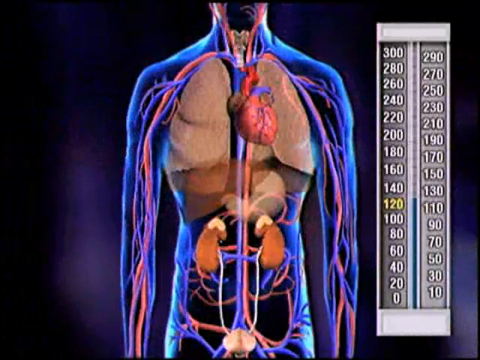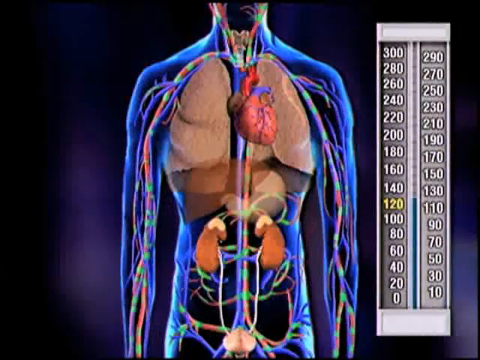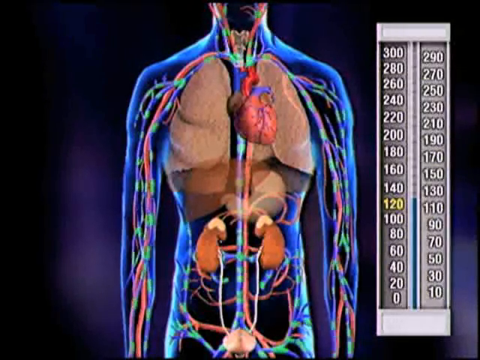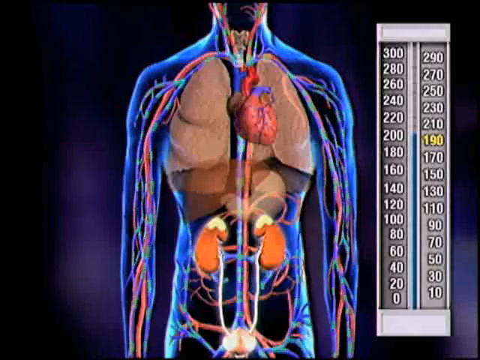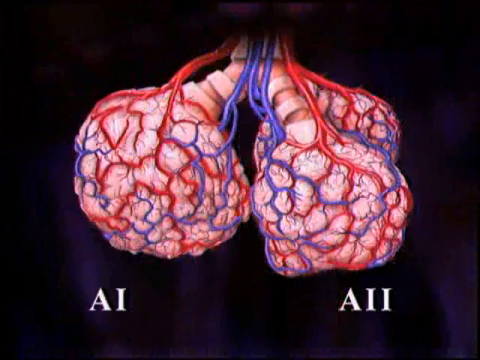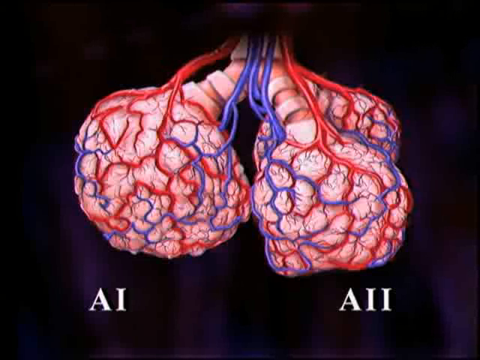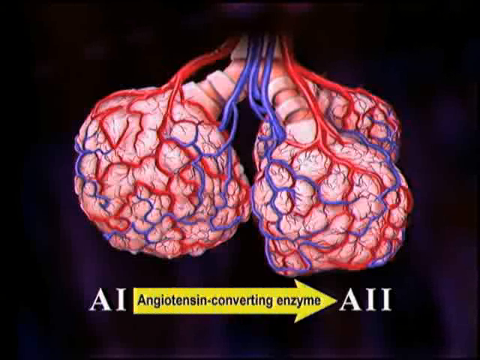Increased blood volume can occur when the catecholamines stimulate beta-1 receptors in the kidneys. This activates the renin-angiotensin-aldosterone system, which raises the blood pressure slowly. In this system, the release of renin causes an enzyme in the lungs to convert angiotensin I to angiotensin II.